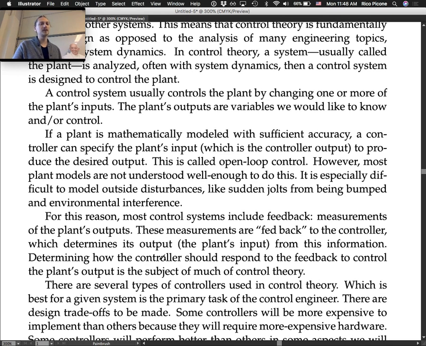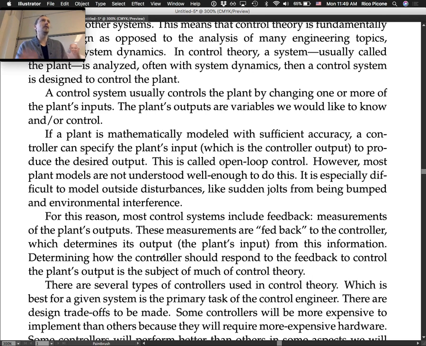For this reason, most control systems include feedback, which is measurements of the plant's outputs. So we measure the actual speed that the motor is going at, or the actual speed that the conveyor belt's going at. These measurements are fed back to the controller, which determines its output, remember, that's the plant's input, from this information. Determining how the controller should respond to the feedback to control the plant's output is the subject of much of control theory.